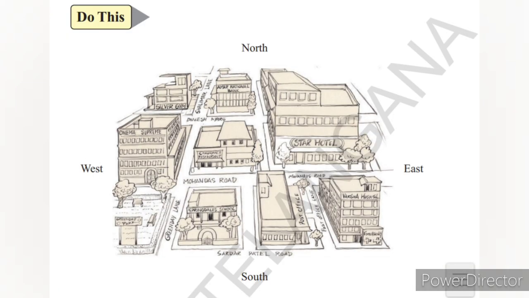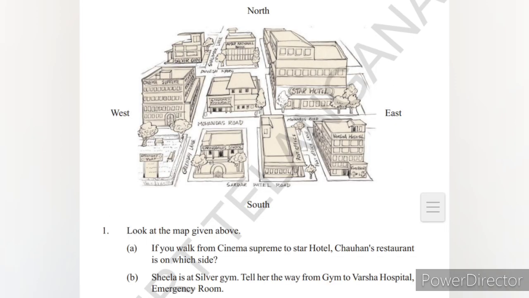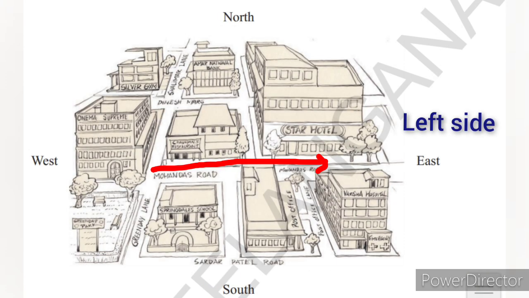Okay. Next, do this. So some map is given here. Okay, see the map. Look at the map given above. If you walk from Cinema Supreme to Star Hotel, Chauhan's restaurant is on which side? So you can see there. Okay, Cinema Supreme and Star Hotel are there.